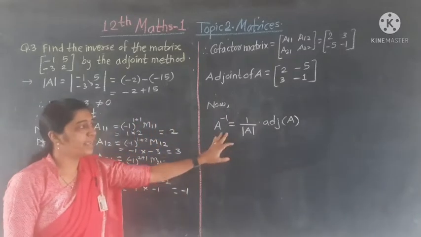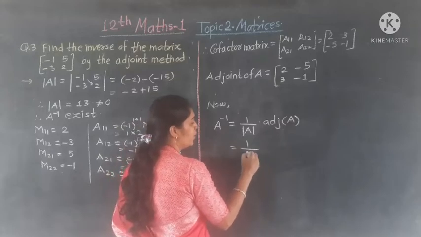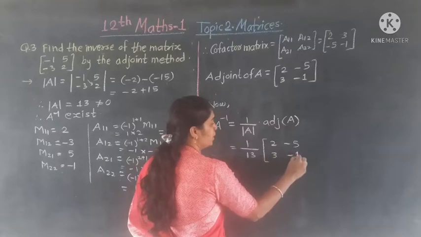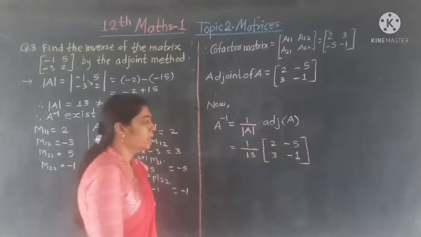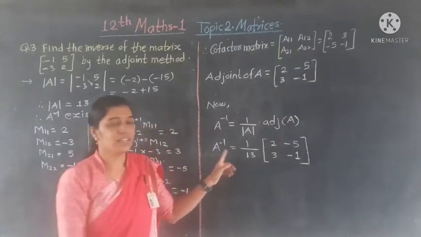Now you know the formula: A inverse is equal to 1 upon determinant A into adjoint of A, that is 1 upon 30 into 2, -5, 3, -1. This is our final answer.